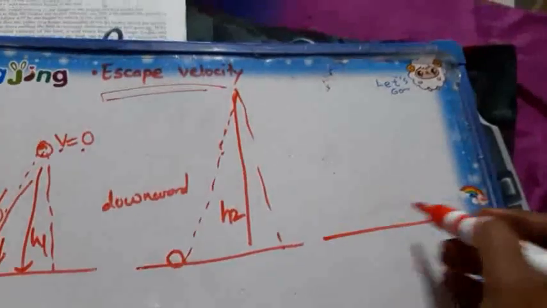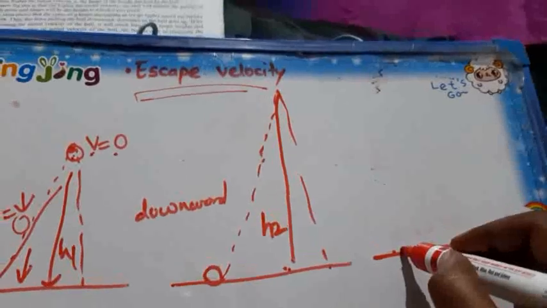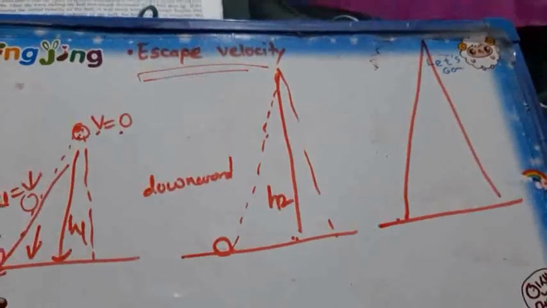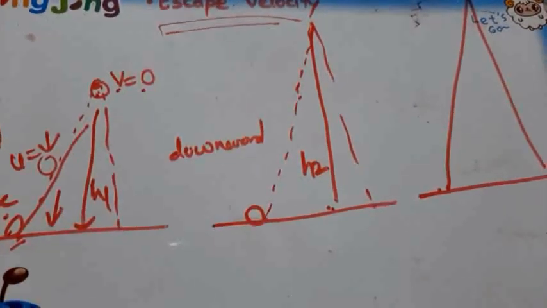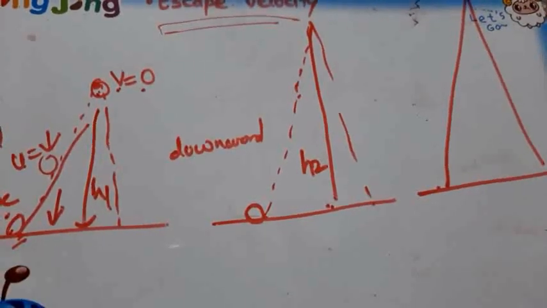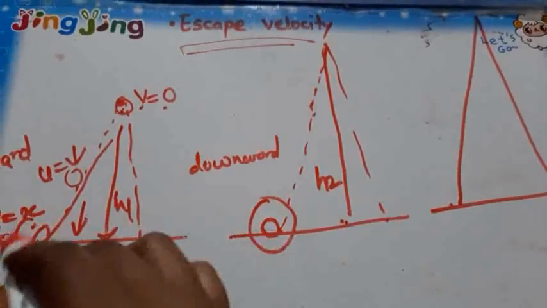Again, suppose in a third case we launch with more force than the second case. Then again it will go to higher heights and come back. In this way, the maximum height the ball can cover depends on its initial velocity.